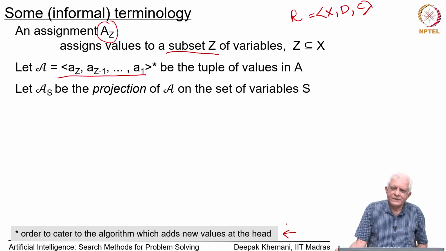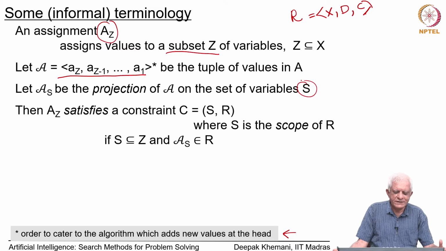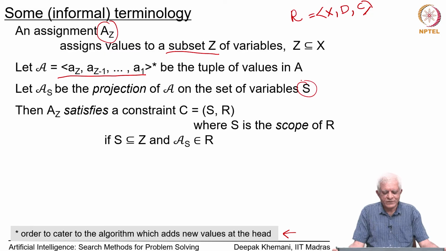Now, out of these Z variables, if we have a subset S, the projection of the assignment vector on S is essentially those values which correspond to this set S. What is this set S?